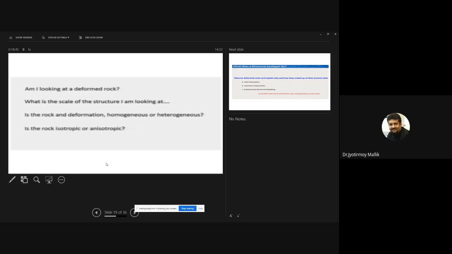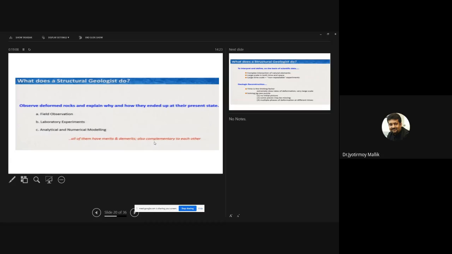We just talked about what is homogeneous and what is heterogeneous. And the last question, last but not the least: whether the rock is isotropic or anisotropic. If it is isotropic, why is it isotropic? If it is anisotropic, then what brought that anisotropy into that rock? In the earlier example, it was metamorphism.